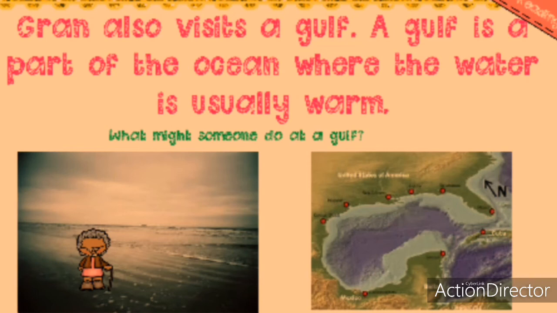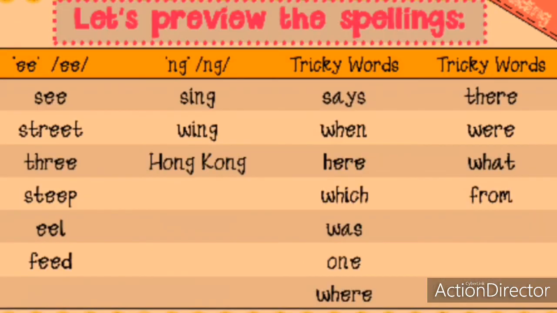What's a gulf? A gulf is a part of the ocean where the water is usually warm. So what might someone do at the gulf?